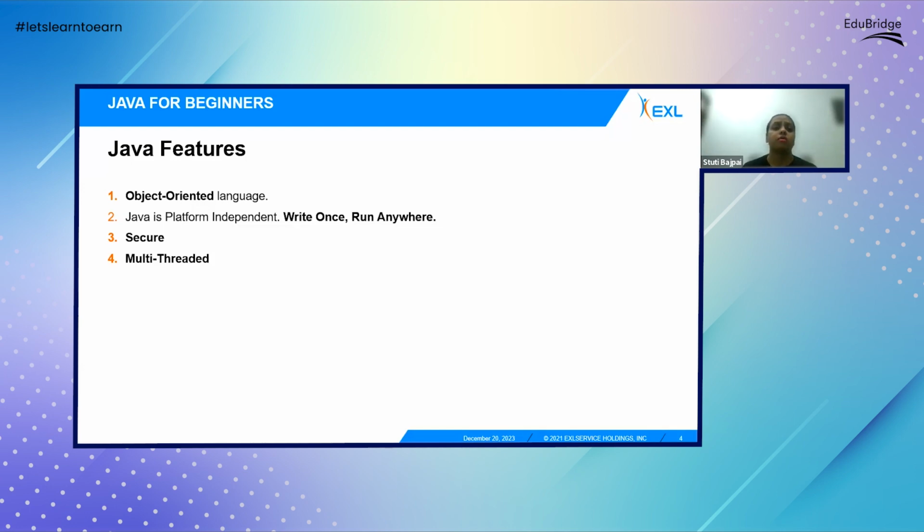Multi-threading or multitasking is one of the features in Java, which means how we work with shared resources when those resources are shared by multiple processes, multiple users, and how we actually take care of that. That is considered under multi-threading. In a later session, we'll learn about how it is handled in Java.